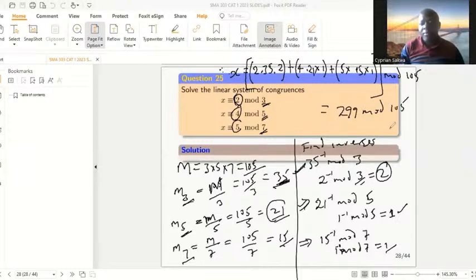I'm asking myself, if 105 were to go into 299, what would be the remainder? The remainder is 89. So this is the result, the x value. 89 is the x value.